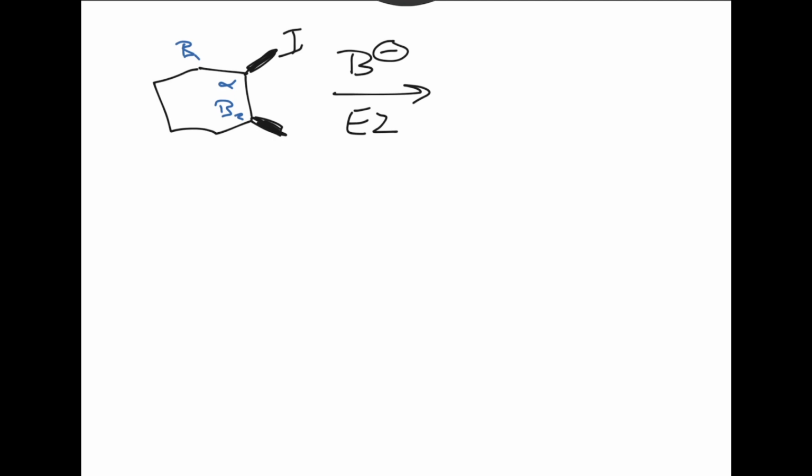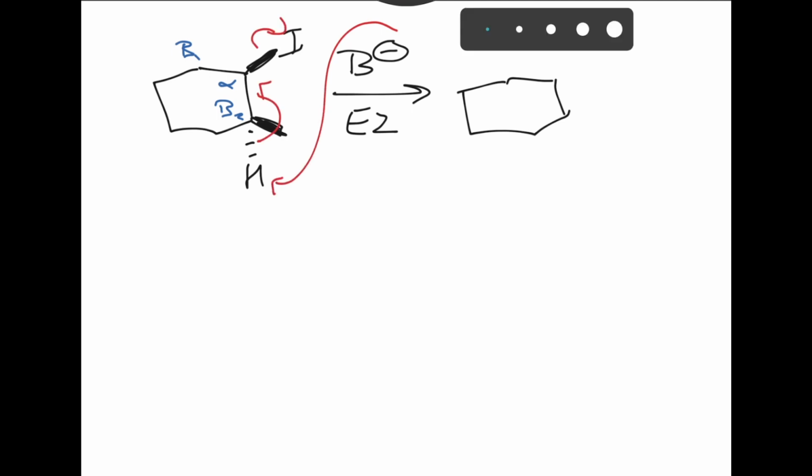We want to make the most substituted double bond that we can. Well, it just so works out that beta 2 has the least number of hydrogens, and the hydrogen is on the opposite side of the ring from the iodide. So great, I can do that elimination. My base can come in, grab this hydrogen, push off my leaving group, and I'll make this double bond.